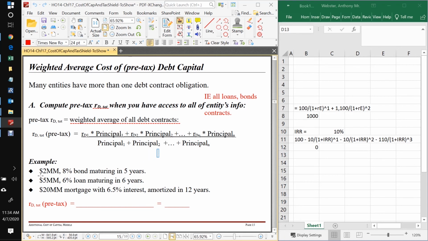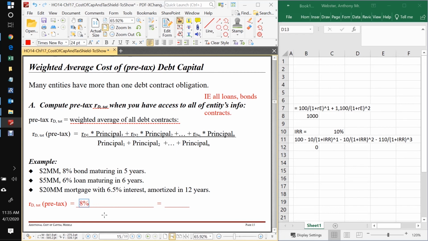So let's do an example where a company has a $2 million, 8% bond maturing in 5 years outstanding, and they have a $5 million loan with 6% IRR maturing in 6 years, and a 20 million mortgage with 6.5% IRR amortized in 12 years. Just by taking a weighted average, we can get the total pre-tax cost of debt capital for the company.